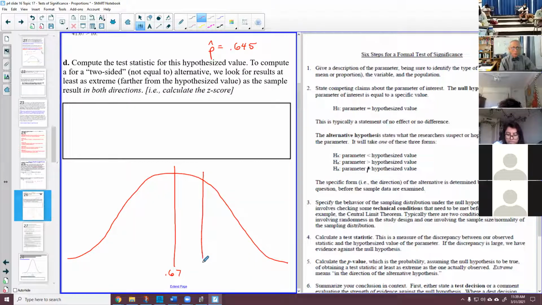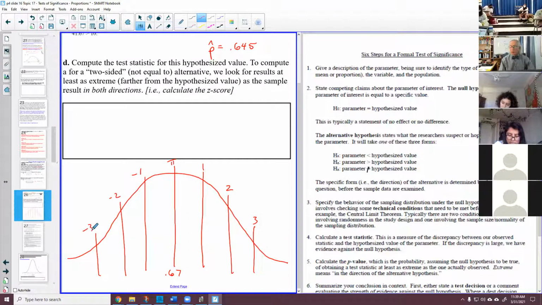So I got 1, 2, 3, and I got -1, -2, -3. This is pi, and 1, 2, 3 standard deviations, -1, -2, -3 standard deviations.